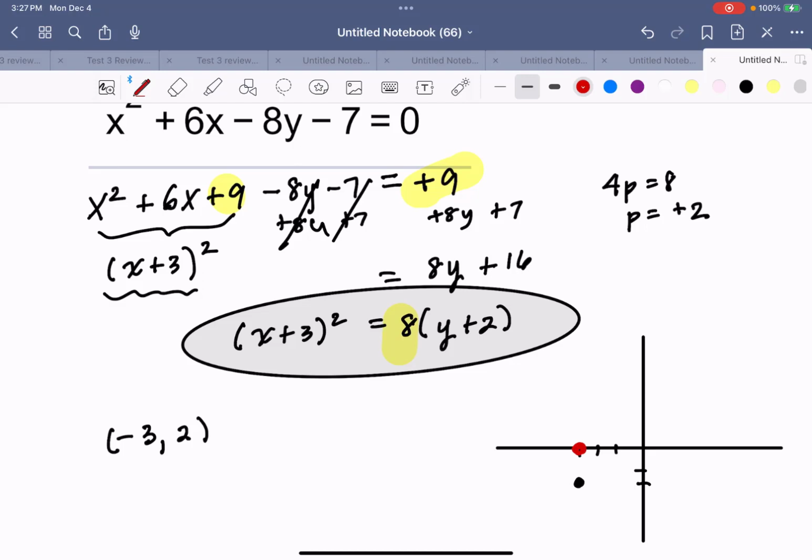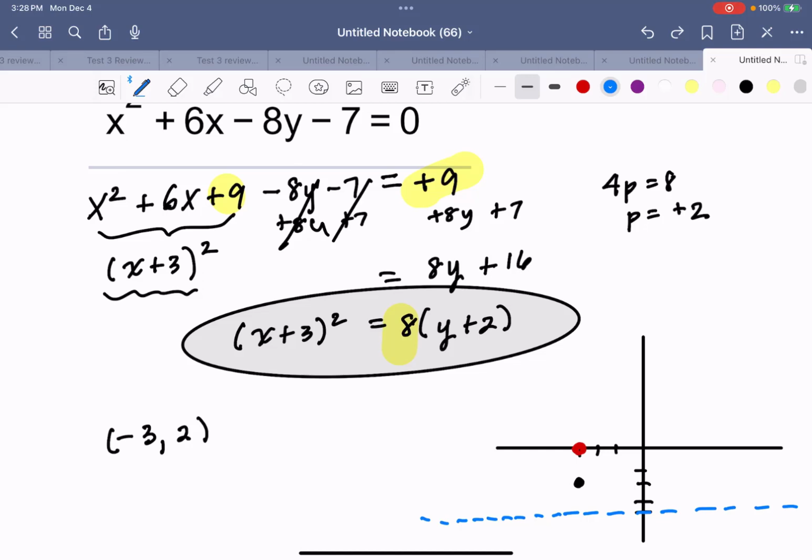Our directrix is going to be down 2, so it's going to be down here, and it's a horizontal line. And my parabola is going to look something like this, right? It's going to wrap around that focus. Well, we're going to have to find another point to get that to graph.